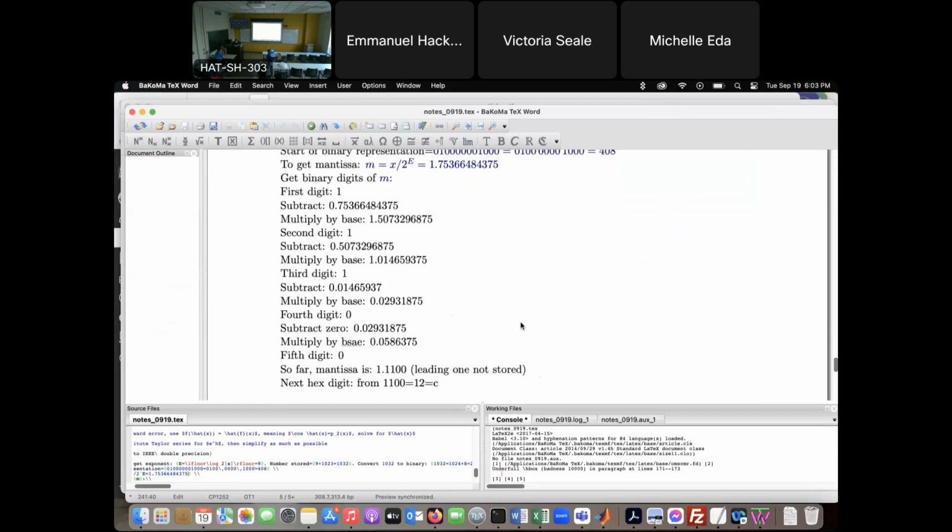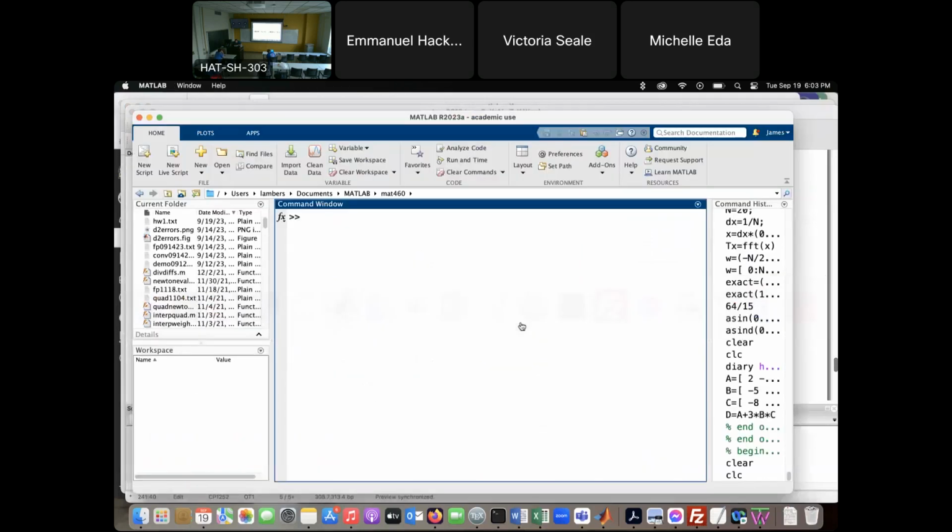Now, if I shift over to MATLAB, and I do format hex, and then I type in this number that I have here.